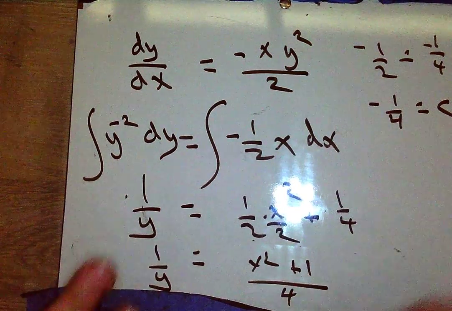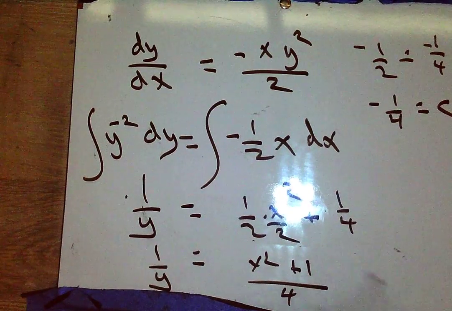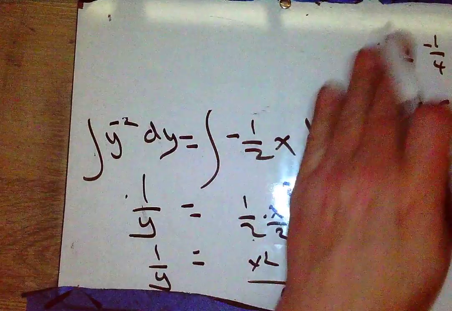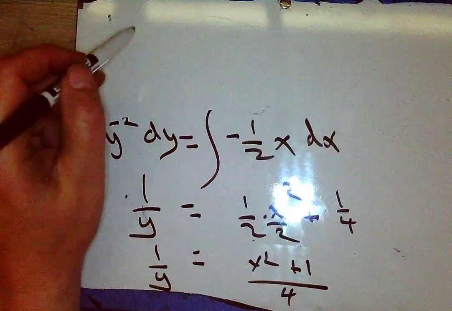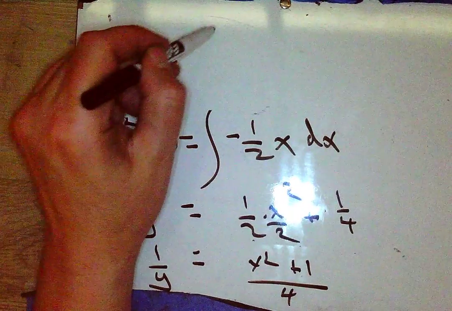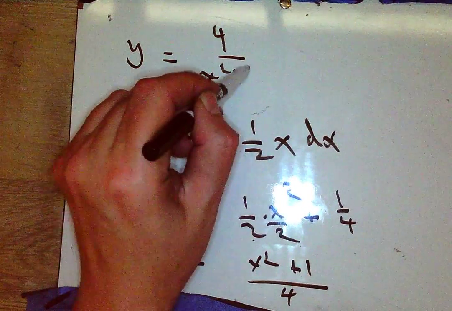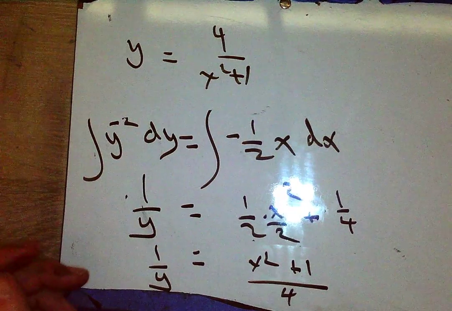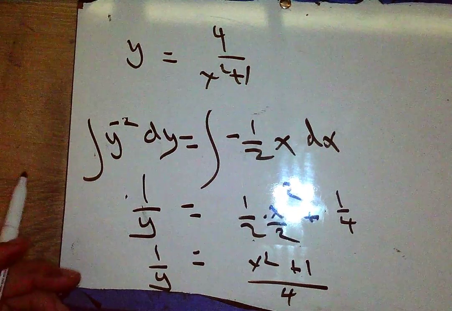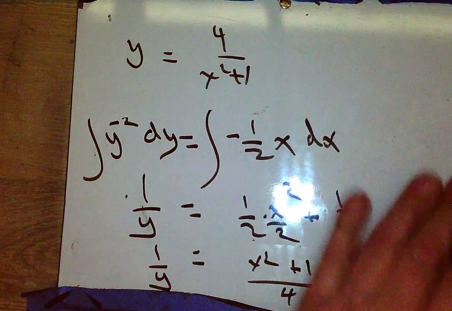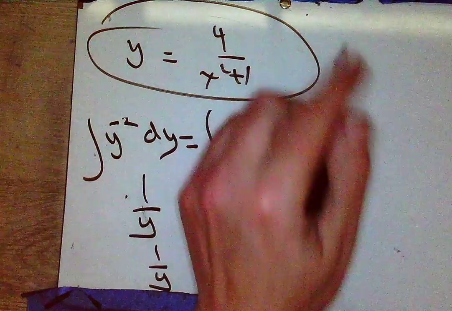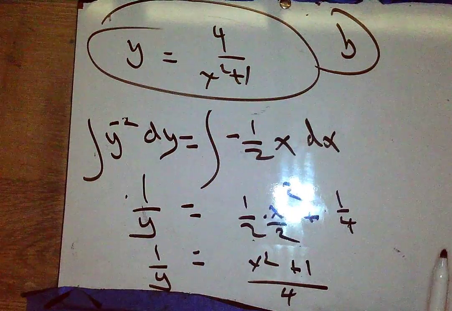Okay, so if I flip both of these, I'm going to end up with y equals 4 over x squared plus 1. And I don't have a c because I already solved for it. Yeah, that must be my equation there. There's part B at station 18.